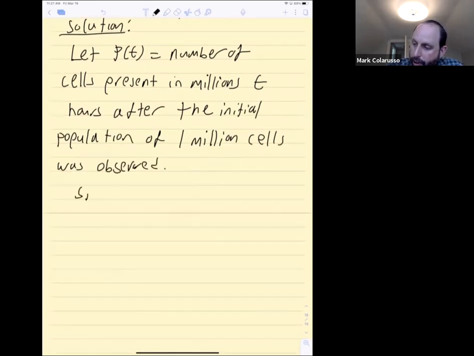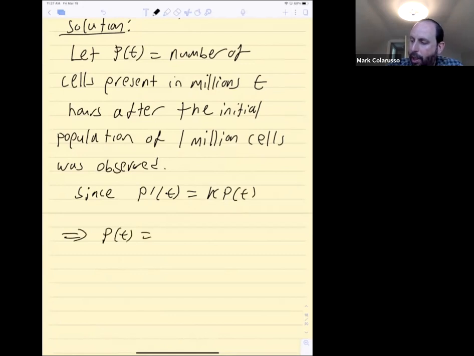Now since the derivative of P is proportional to P of t, we know that P of t has to be an exponential growth function. The amount of cells is increasing at a rate proportional to the amount present. We are told that in the problem.